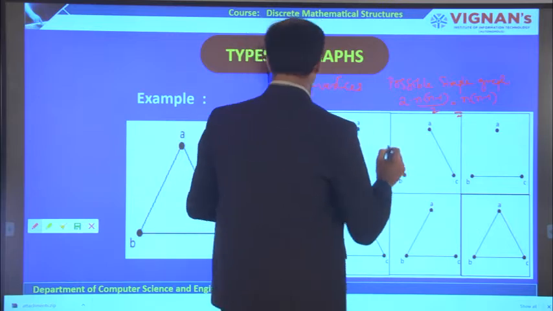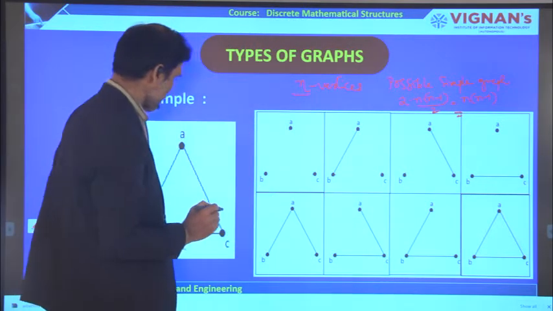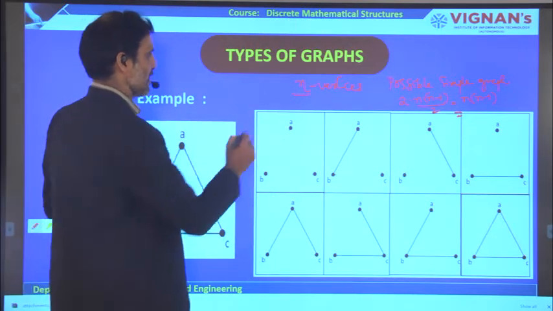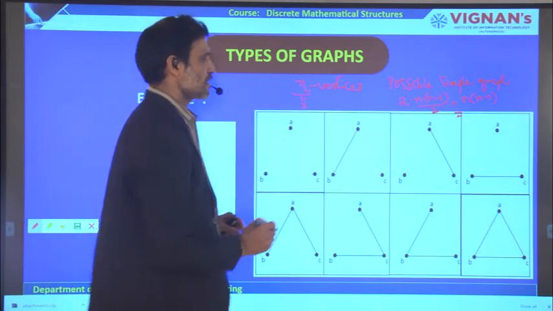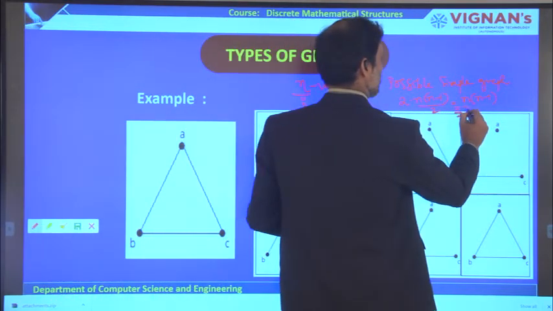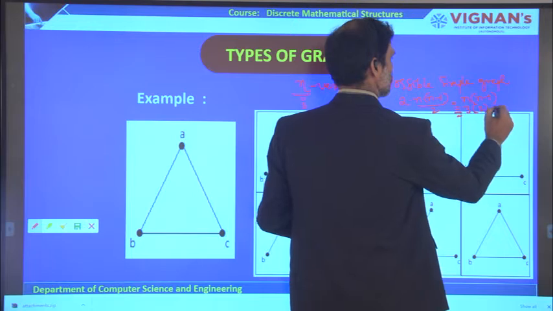You will get here n is equal to how many vertices are there? 3 vertices are there. For example, if you take this graph, it is equal to 3 vertices. So you will get 3 into 2, which is equal to 6.